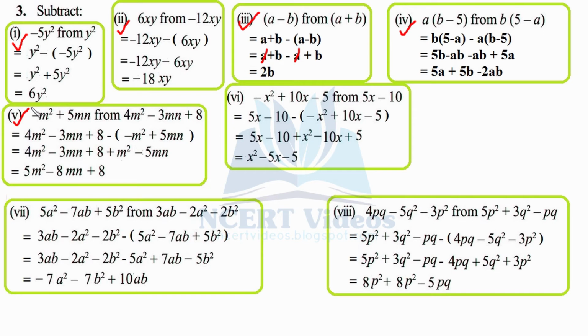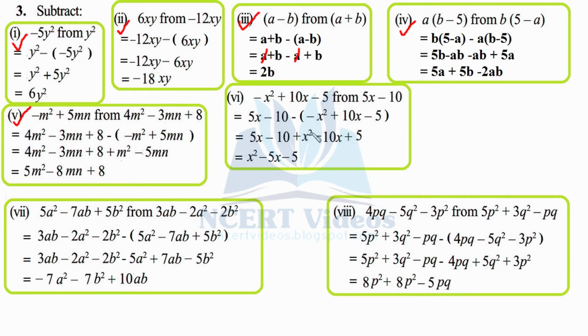That's fifth. From part first, minus because we are subtracting in bracket this whole term that you got. Now solving brackets, minus minus is plus x square, minus plus is minus 10x, minus minus is plus 5.